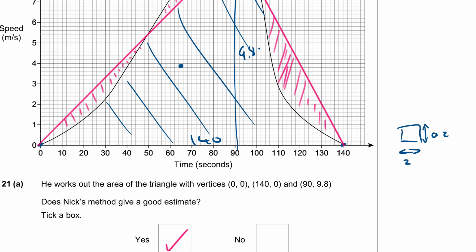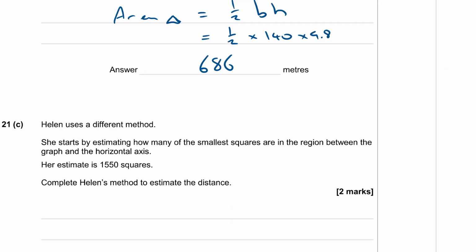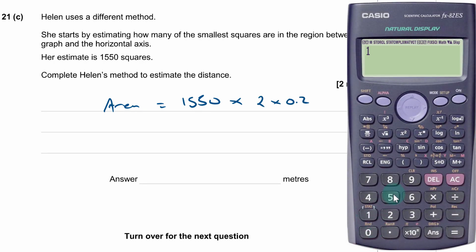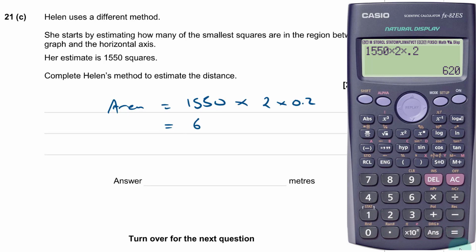So in order to turn her 1,550 squares into an area, we need to work out the area of this rectangle and times it by 1,550. So area is going to be 1,550 teeny tiny squares times 2 times 0.2, which is 620. Bit of a bonkers method, but there you go.